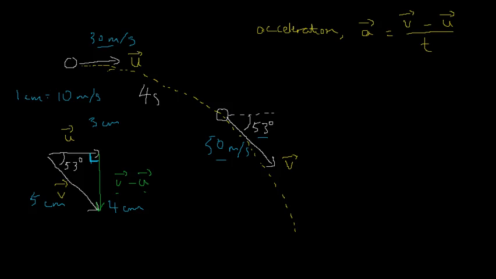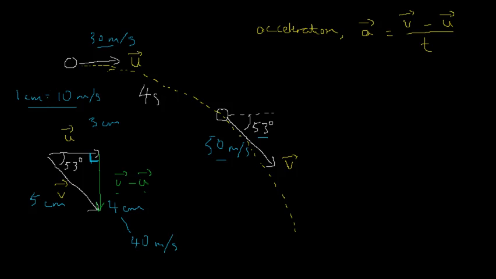Since 1 cm represents 10 meters per second, the 4 cm here would therefore represent 40 meters per second. So now we have our answer.